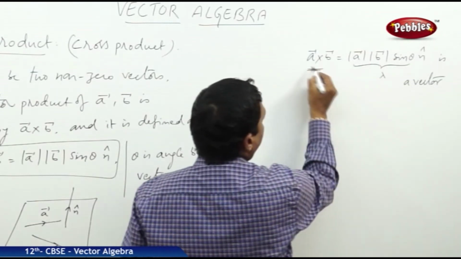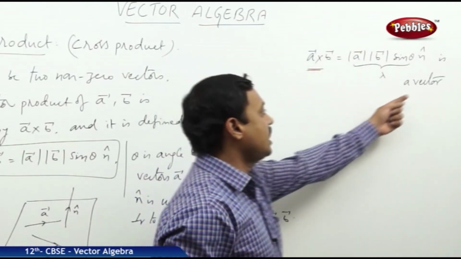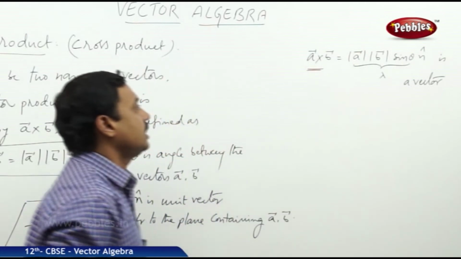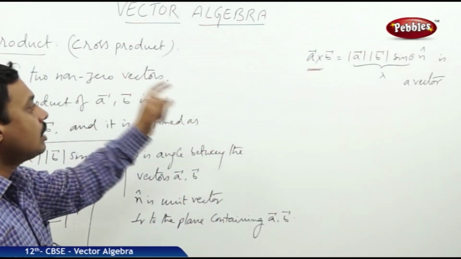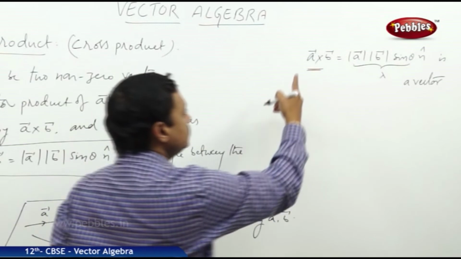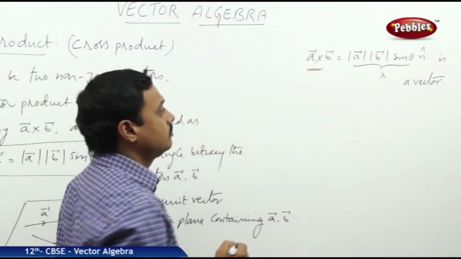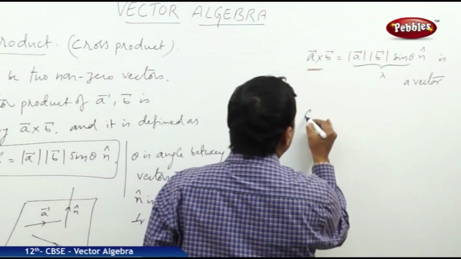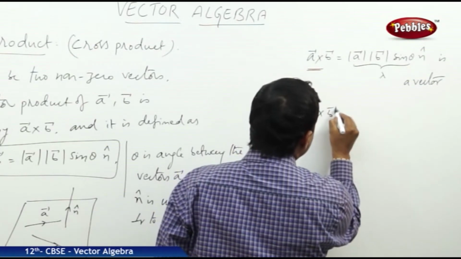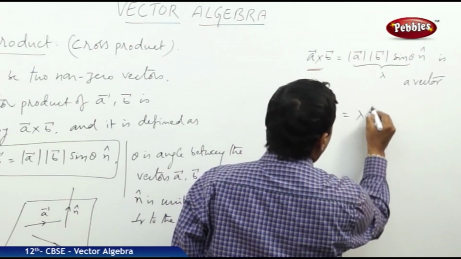Therefore, A cross B, the product of two vectors, is a vector quantity. Hence A cross B is the vector product or cross product of the given two vectors A bar and B bar. Now, it is known that A cross B is equal to some lambda into n cap.